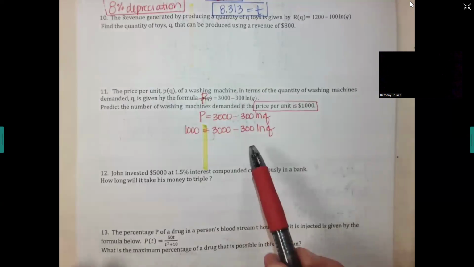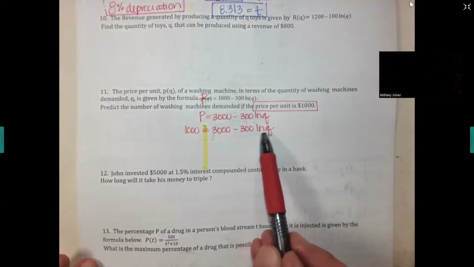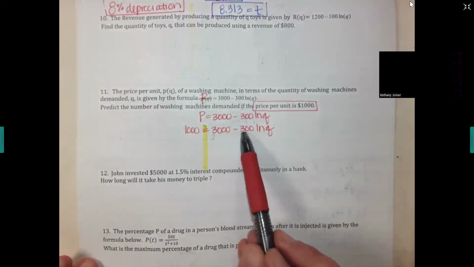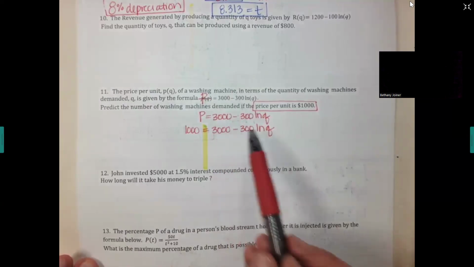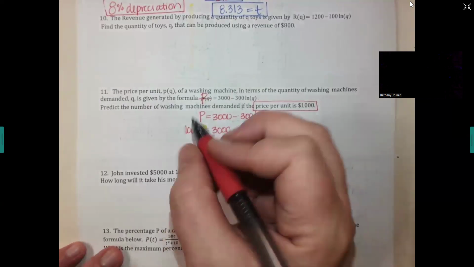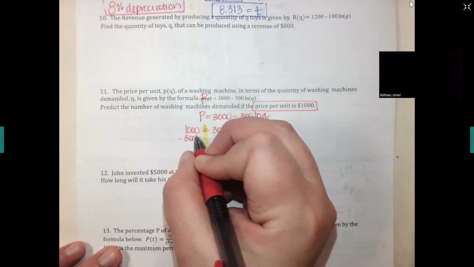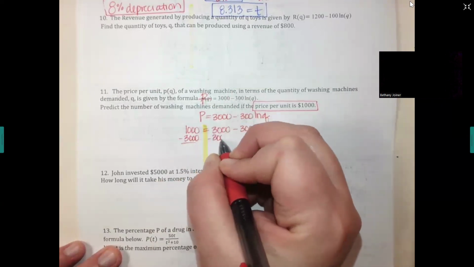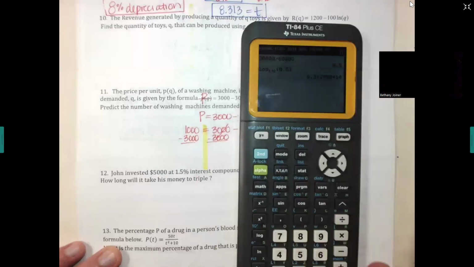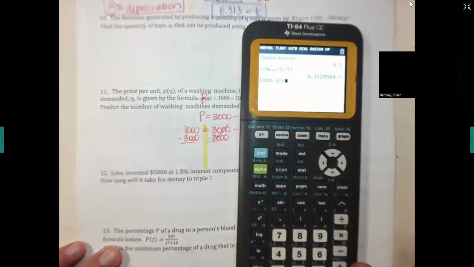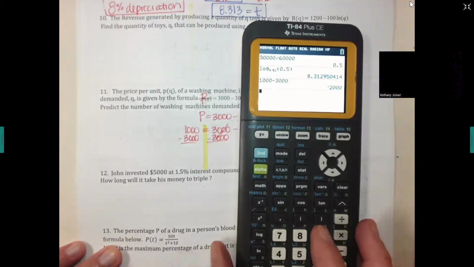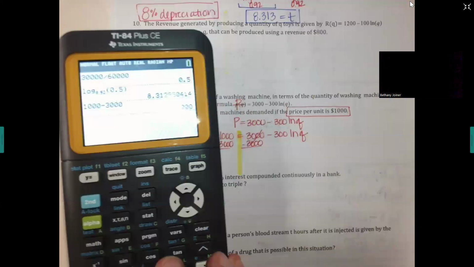We're trying to solve for my Q. And I notice that I have a negative 300 ln Q here with a 3,000 in front of it. You cannot just subtract these with each other. We need to get rid of that 3,000, so I'm going to subtract it across. In your calculator, we're going to do 1,000 minus 3,000, and I get negative 2,000.